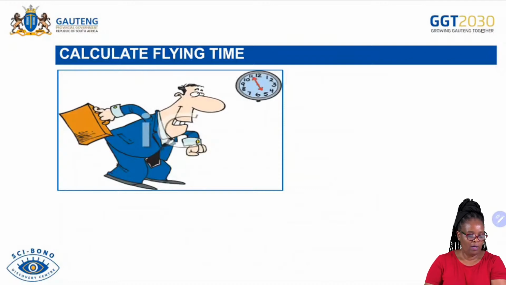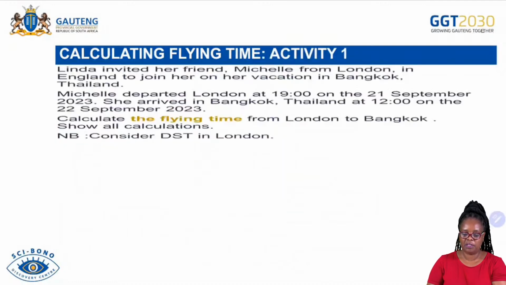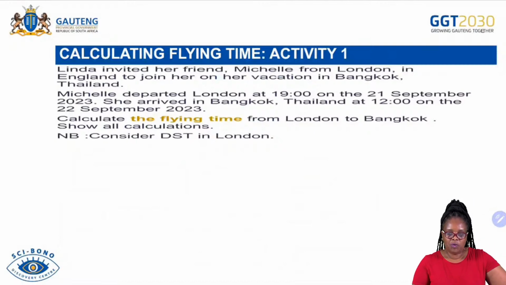So I want us to look at the scenarios. Let us do the questions. We have one question here, activity 1. We are going to do this together to find out how to get the flying time from the calculation.